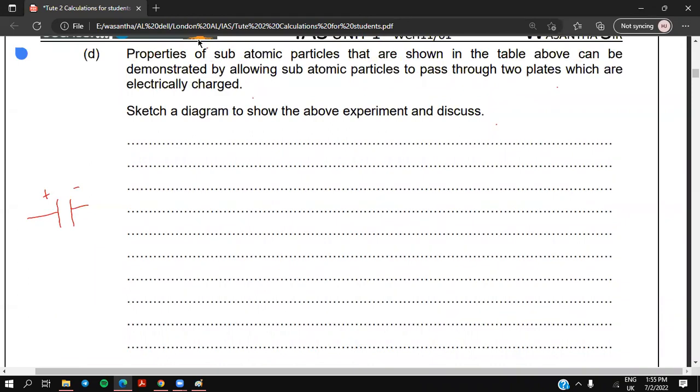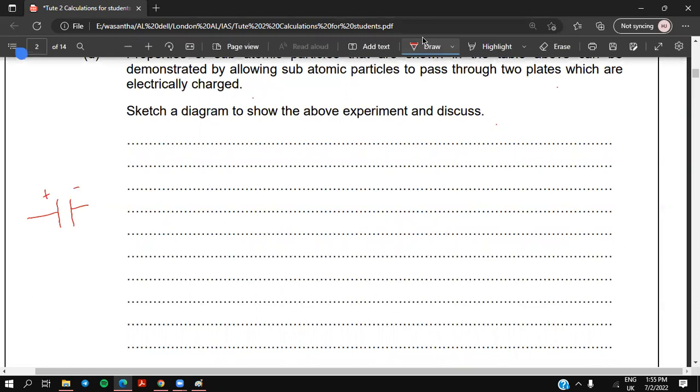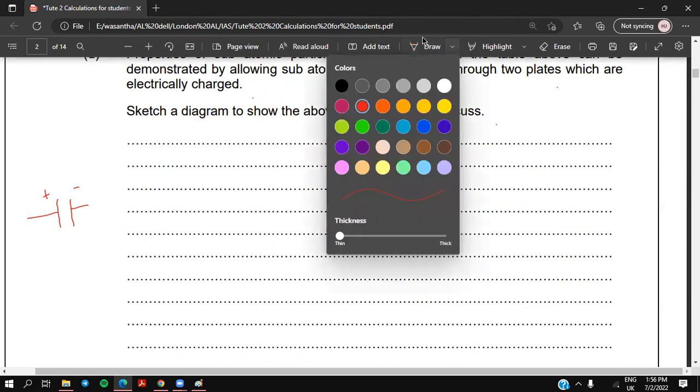If you allow a neutron beam, are neutrons negatively charged or positively charged? Neutrons have no charge.